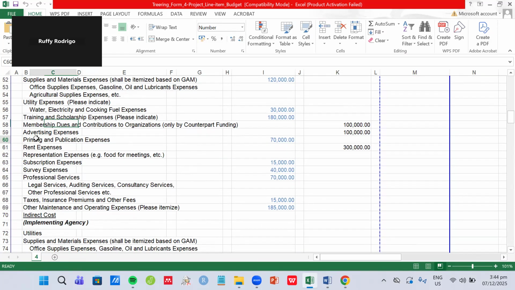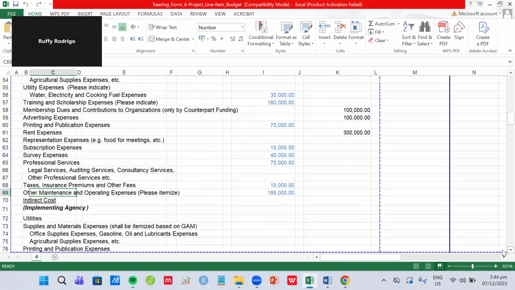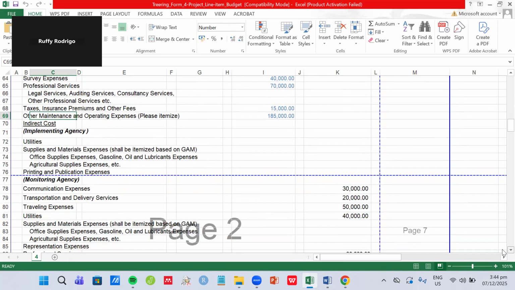Here, printing and publishing expenses. Let's say you want to publish in open access, you have to pay for that. Subscription expenses, survey expenses, personal services. Let's say you consult someone. That's why I put consultancy for establishing general technology, 20,000, and so on. With other maintenance, you really have to put it in specific by specific.